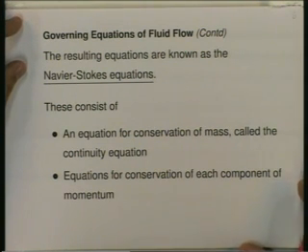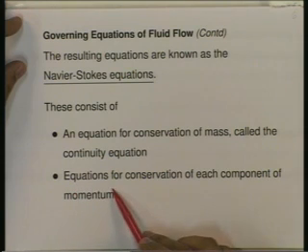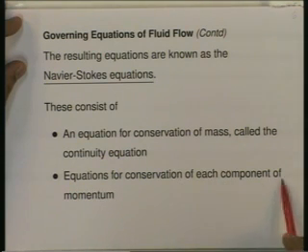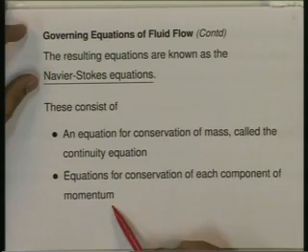We also have a set of equations for conservation of each component of momentum. These equations are known as the momentum equations. In a one-dimensional flow, there will be a single component of momentum which will be significant, and we will have one momentum equation.